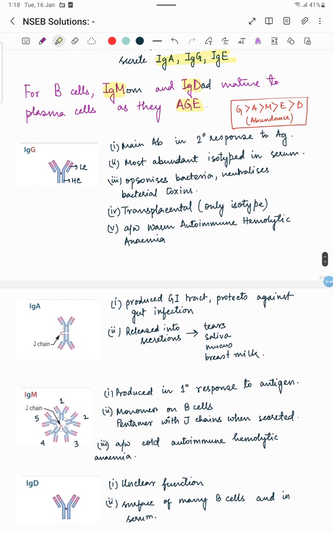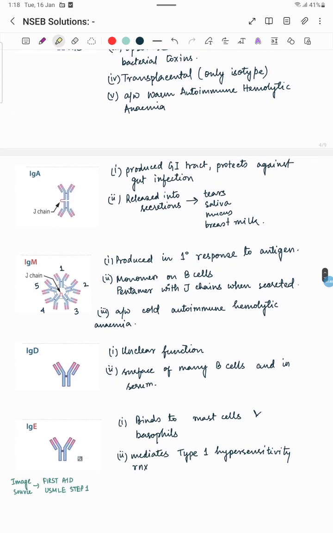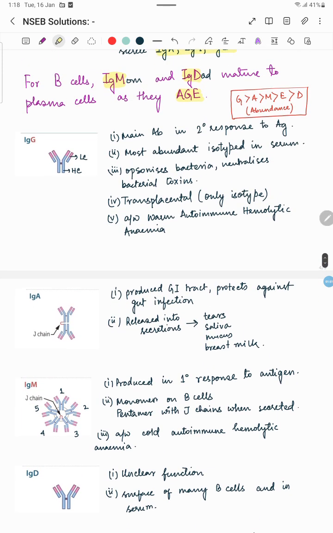Now we will learn something about each immunoglobulin. We all know every immunoglobulin is made up of 2 light chains and 2 heavy chains. Now about IgG. IgG is the main antibody in the secondary response to antigen.